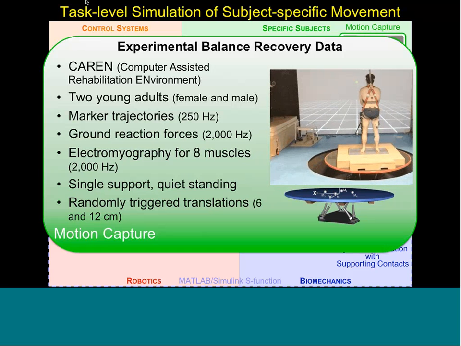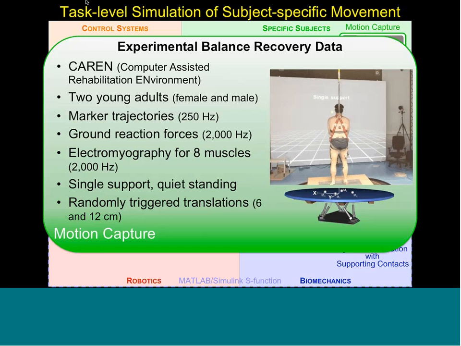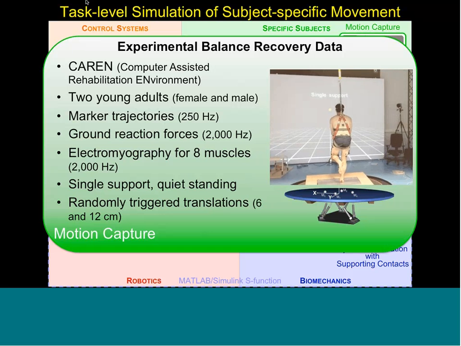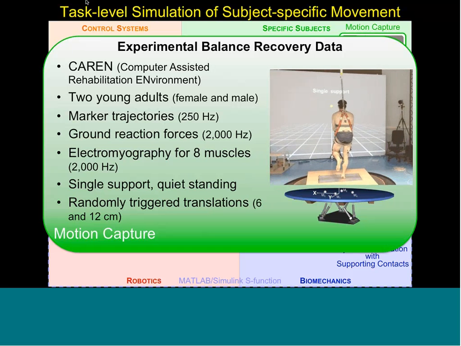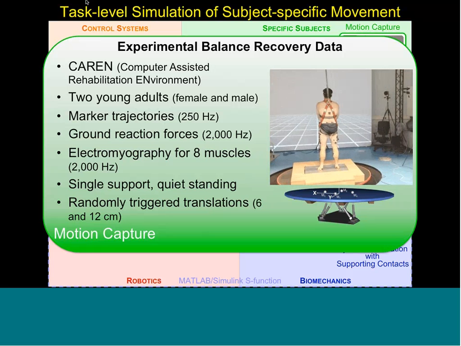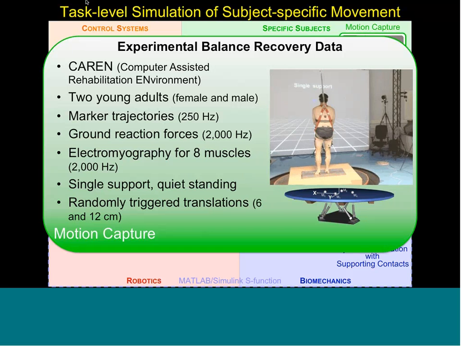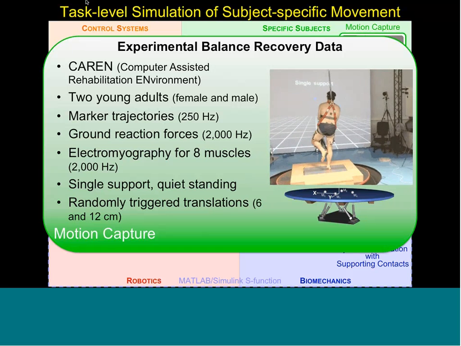We collected marker trajectories, ground reaction forces, and electromyography for 8 muscles on the stance leg, and support surface perturbations were randomly triggered in different directions. We have data collected for anterior, posterior, medial, lateral, and diagonal, and the magnitude of those translations was 6 and 12 centimeters with the maximum device velocity.